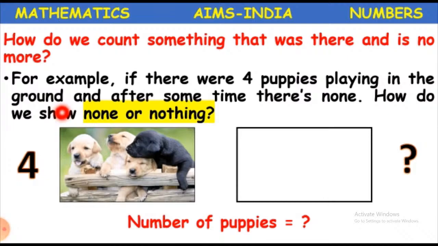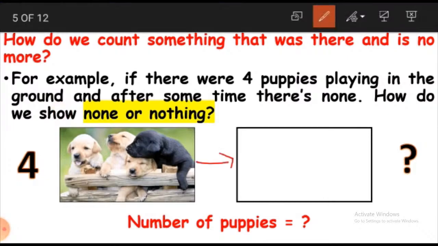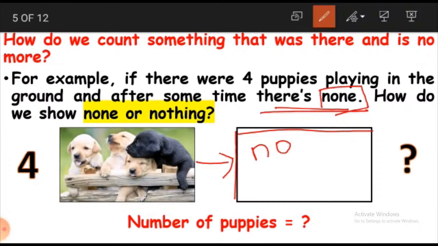And after some time, there's none. What does none mean here? None means no puppies. Can you see any puppies in this image here? No, right? So what happened? Before there were 4 puppies, and after some time there are no puppies here.